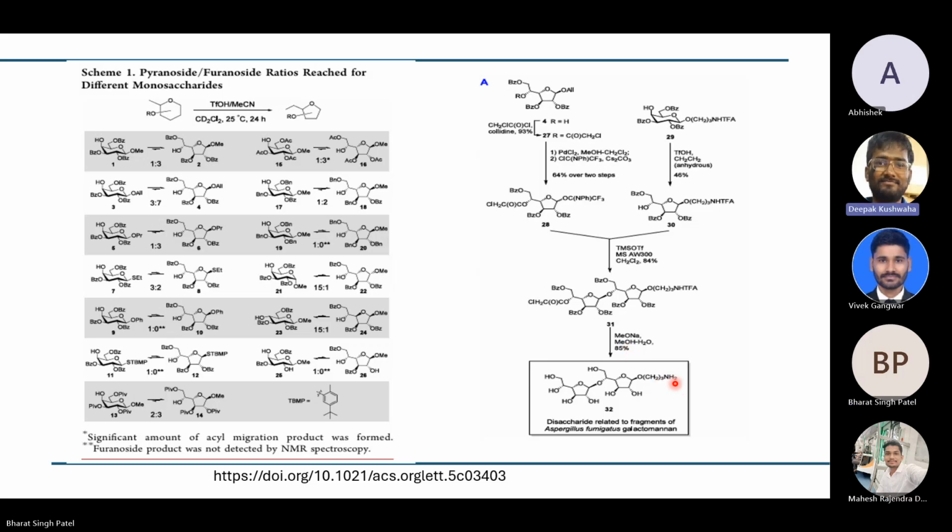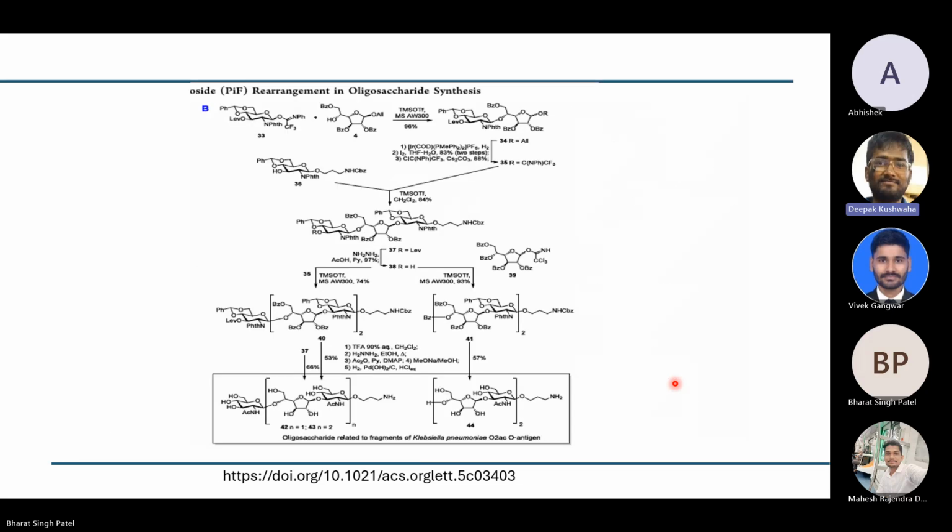In the next scheme, they are showing the trisaccharide synthesis. The ultimate goal is this antigen, the pneumonia O-antigen. In this case, there is no conversion from furanose to pyranose. Basically, this core only they used as the acceptor, and once they got this disaccharide, they took this disaccharide as a donor, where the furanoside was at the non-reducing sugar.